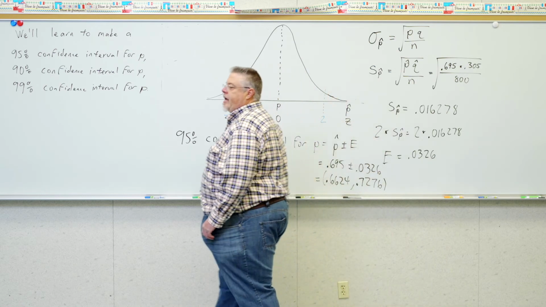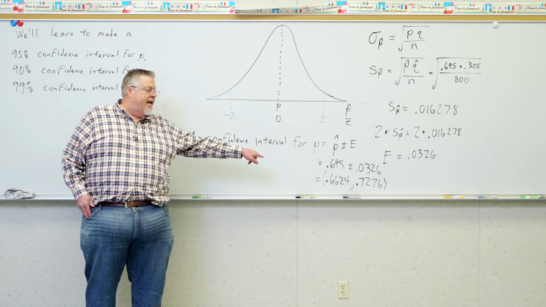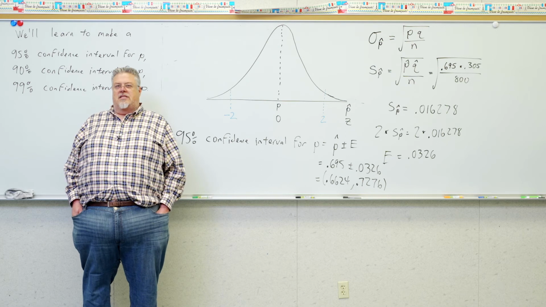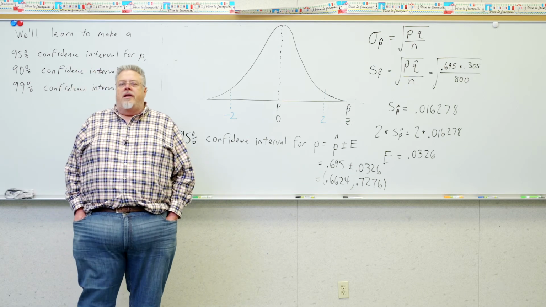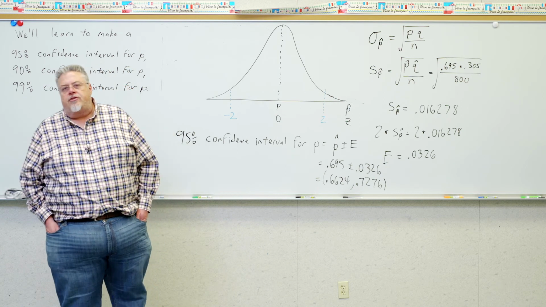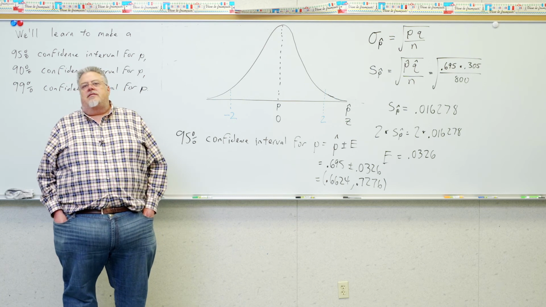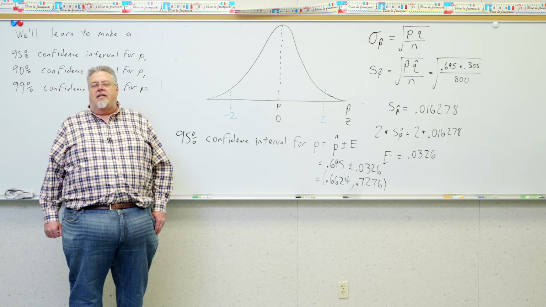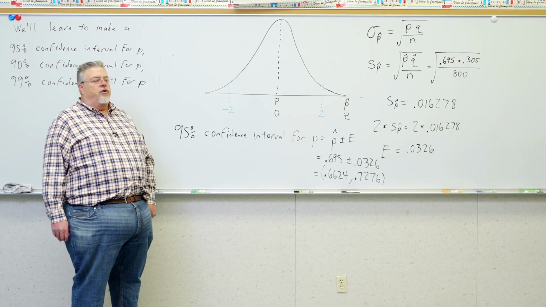This does not guarantee me that if I repeat this experiment, I'm going to land in that interval 95% of the time. That's not what this is saying. Let's think about what we were trying to do. We're trying to estimate P, trying to estimate the true proportion of the time that a thumbtack lands in the safe position, or the true probability that a thumbtack lands in the safe position. And we'll never know P for sure.